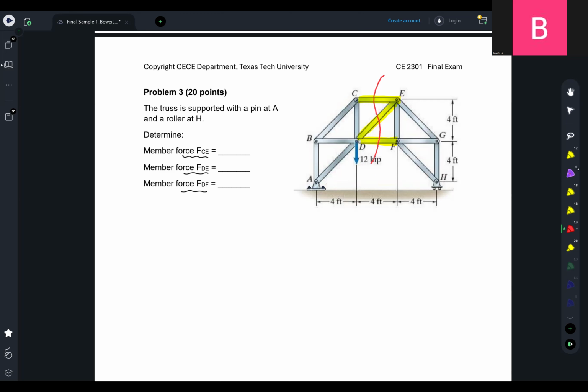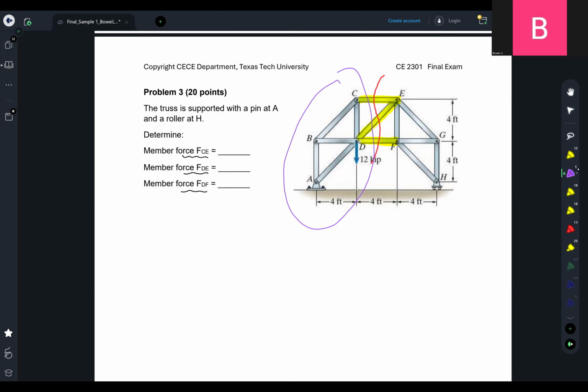And as long as we cut it into two parts, we can draw the free body diagram of each of the parts, right? So for example, we can take out part A, B, C, D and try to analyze it. In part A, B, C, D, since CE, DE, and DF have been cut, they will be replaced by the corresponding truss member forces, right?